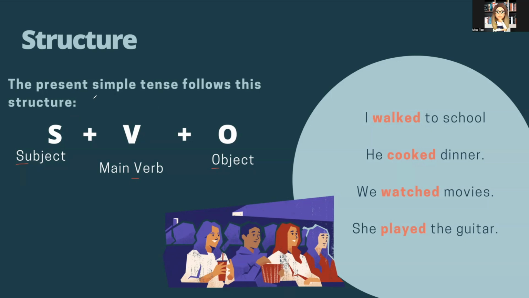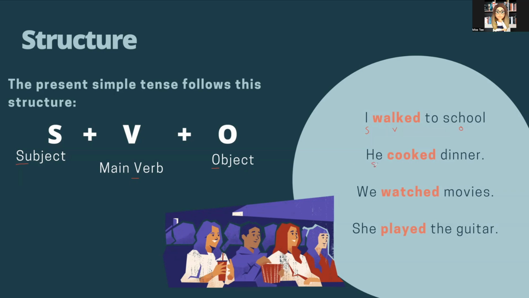Let's have a look at some examples. I walked to school. He cooked dinner. We watched movies. She played the guitar. So in all these cases, we start with the subject. I is the subject. The main verb is walked. To school is the object. He cooked dinner.